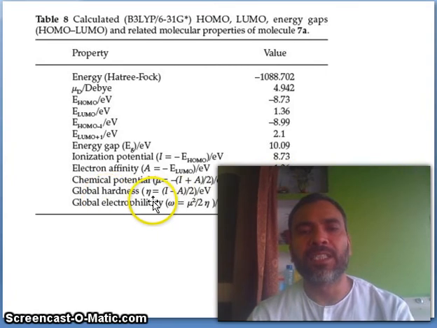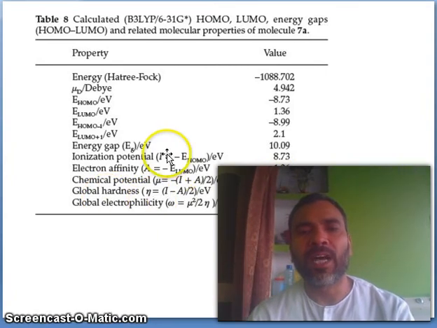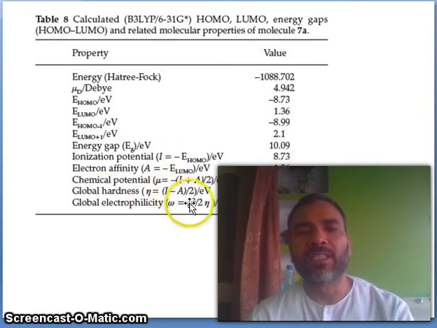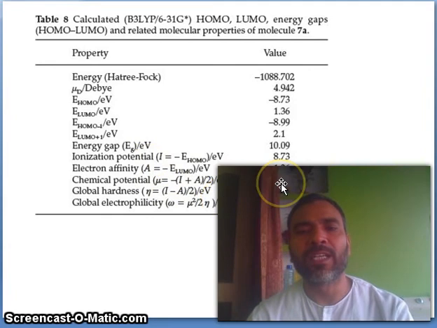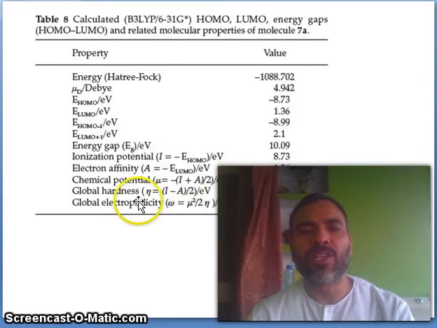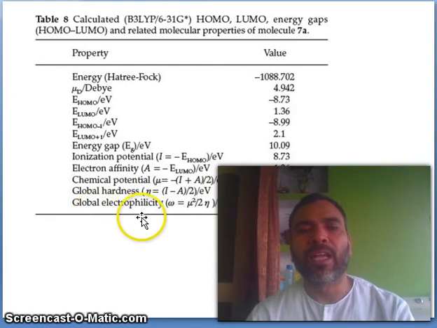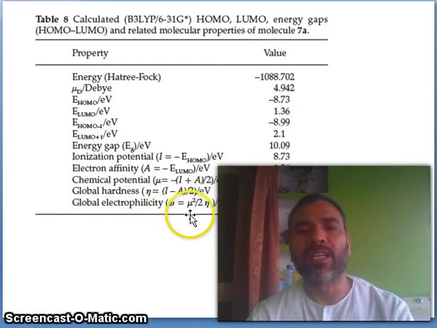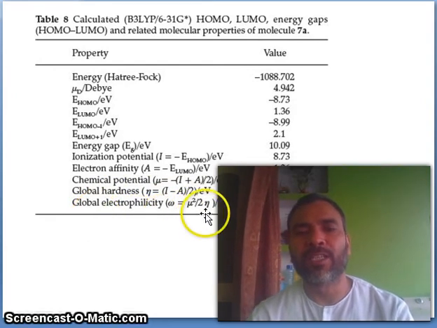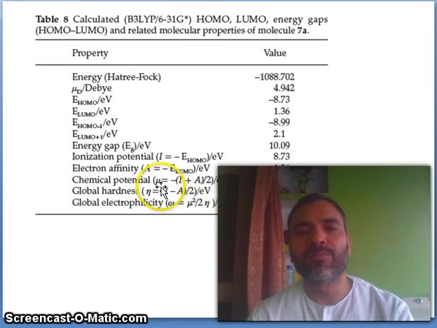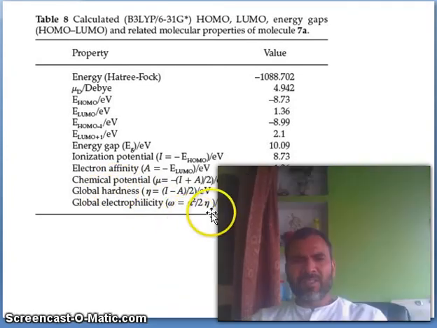Global hardness eta, if you know I and A, divided by 2, then you will get the global hardness eta. And global electrophilicity omega is equal to mu square by 2 eta. You know the mu from here, you know the eta.